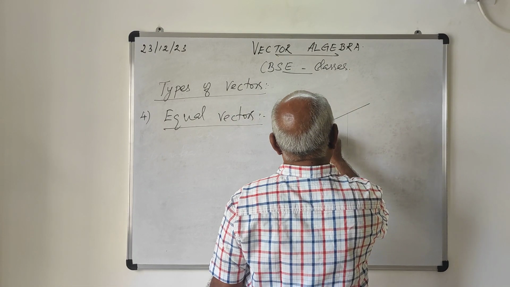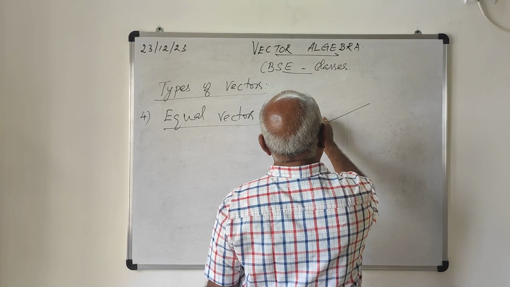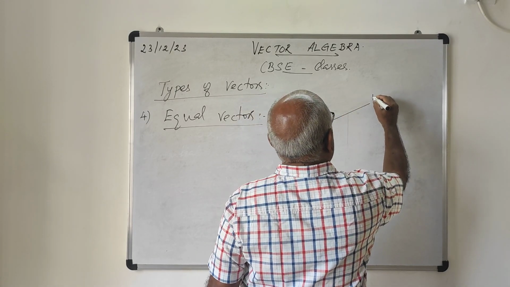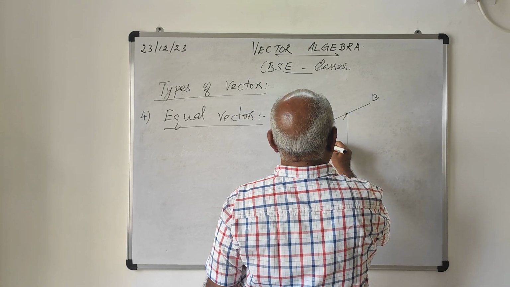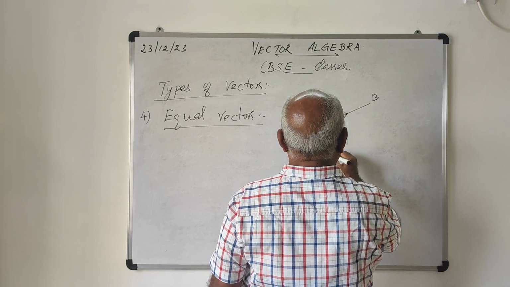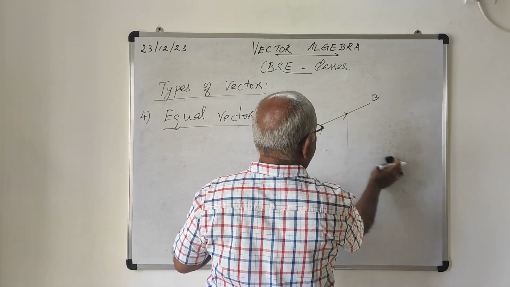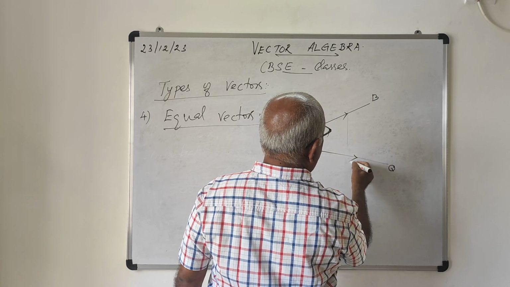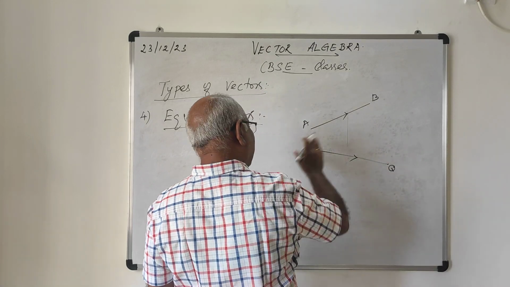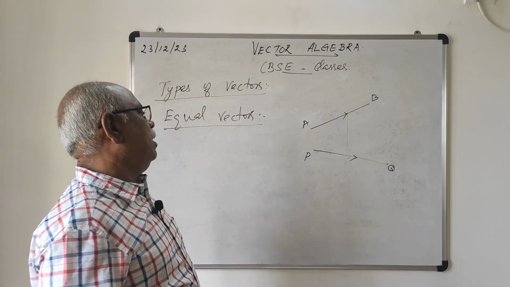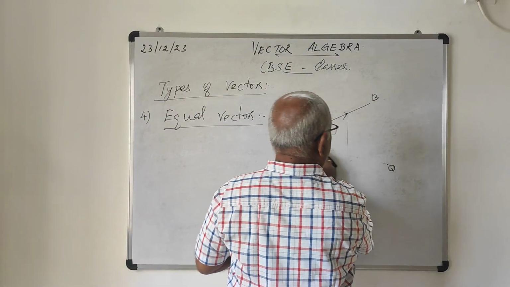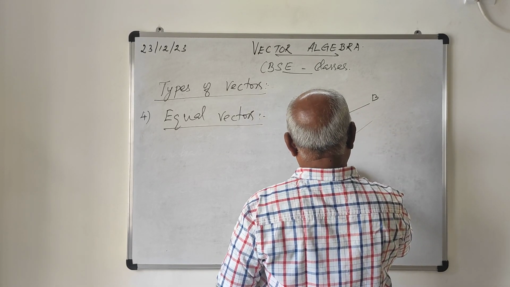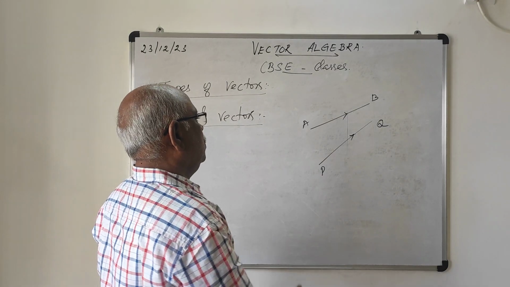For example, this is the AB vector. PQ is another vector. Directions are the same and their initial points need not be the same. PQ and AB are equal vectors.